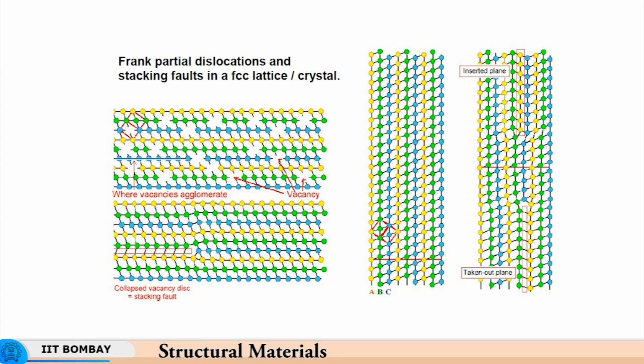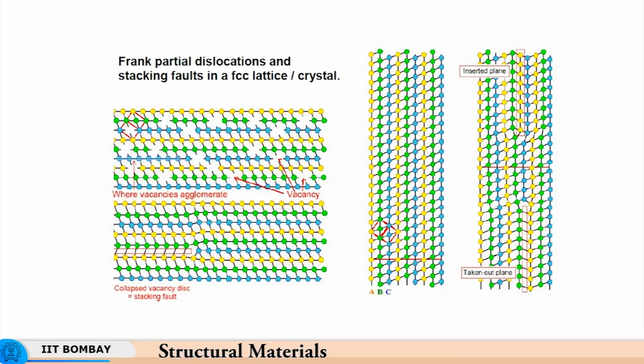So, if you look at the interconnections between these atoms of different colors, it will be clear to you how these stacking faults result, or how agglomeration of vacancies results in a stacking fault.